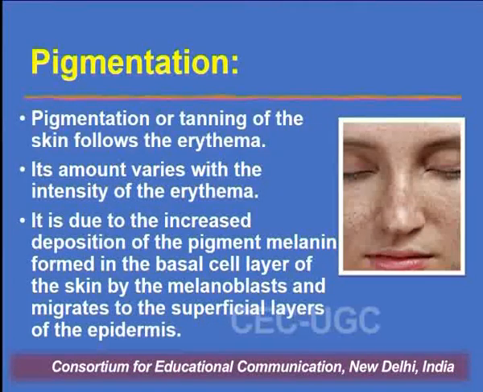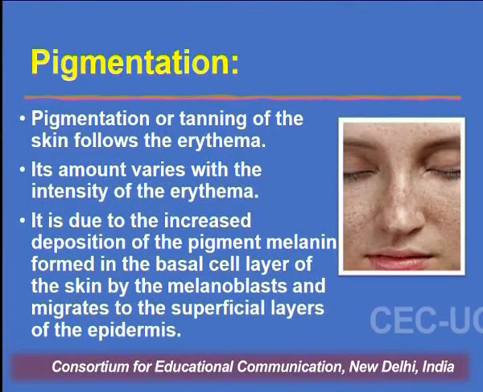Then pigmentation or tanning of the skin follows the erythema. Its amount varies with the intensity of the erythema. It is due to the increased deposition of the pigment melanin, formed in the basal cell layer of the skin by melanoblasts and migrating to the superficial layers of the epidermis.